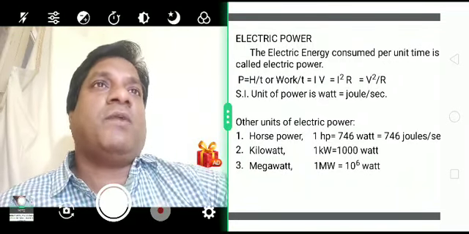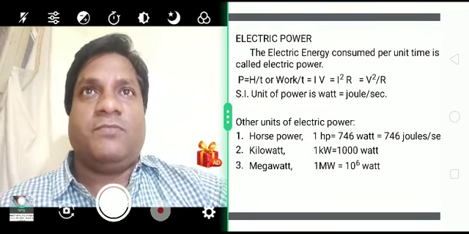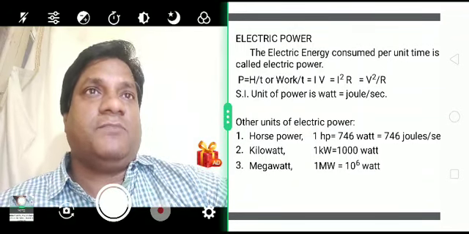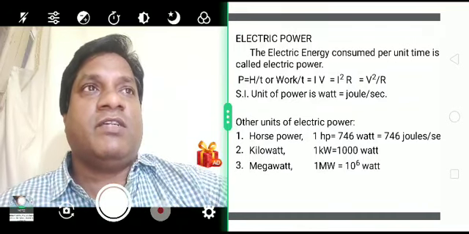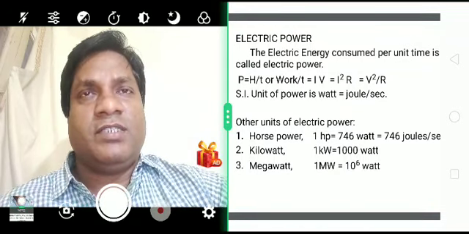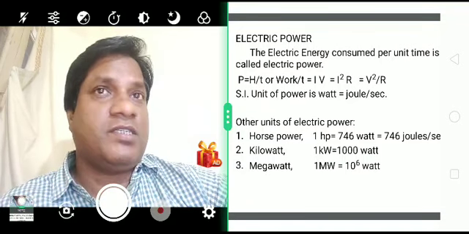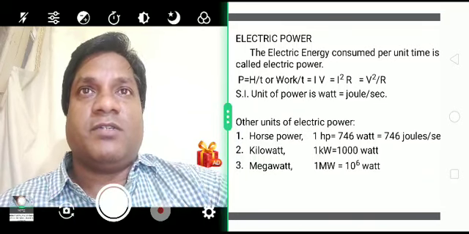The SI unit of power is watt, that is joules per second. This you know already. But the other units used for electric power are horsepower. You can see 1 horsepower is equal to 746 watts. Generally, the power of electric motors, pumps, etc., is rated in terms of horsepower.